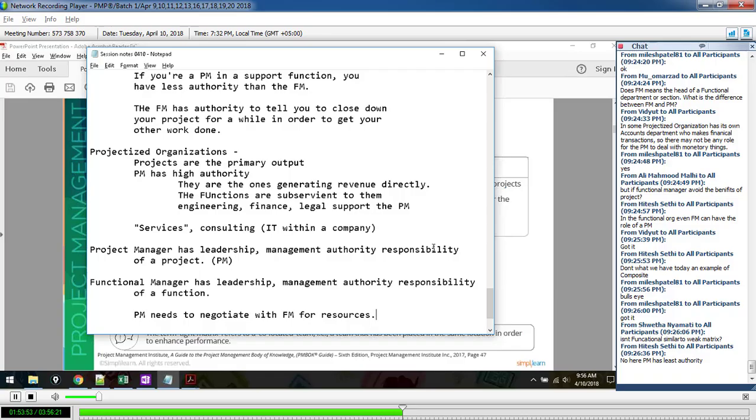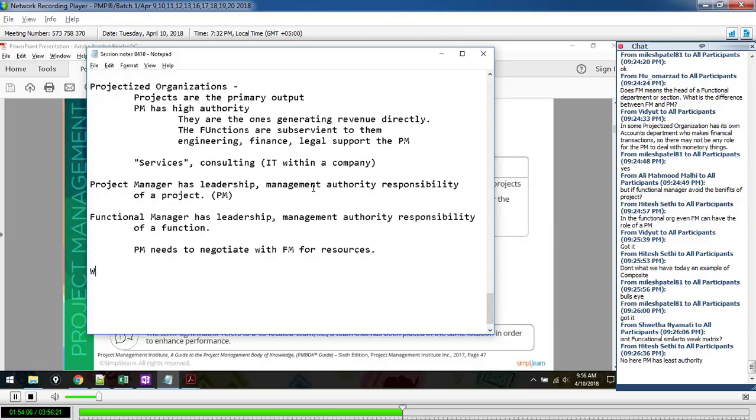So, Sweta, is functional similar to weak matrix? Weak matrix is what real life is all about. Let's actually say this: weak matrix is where functional organizations take advantage of project management to apply controlled change, okay?